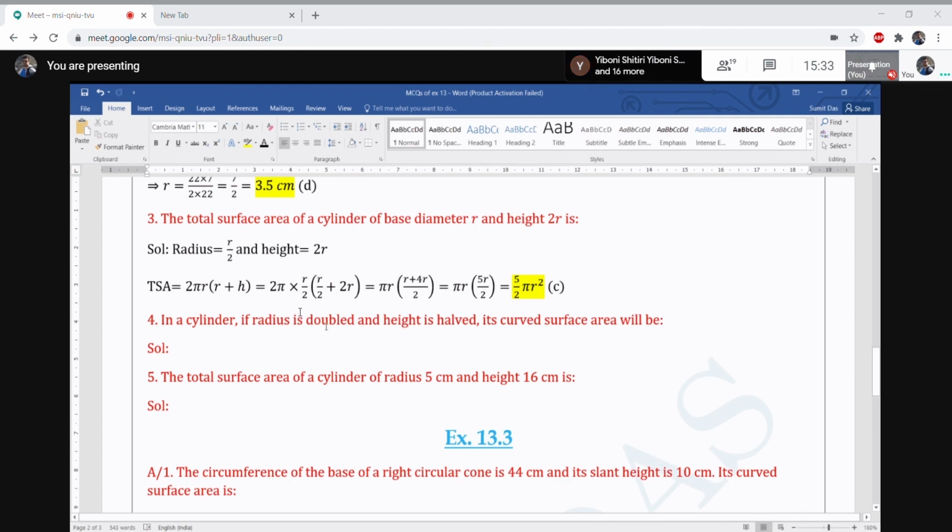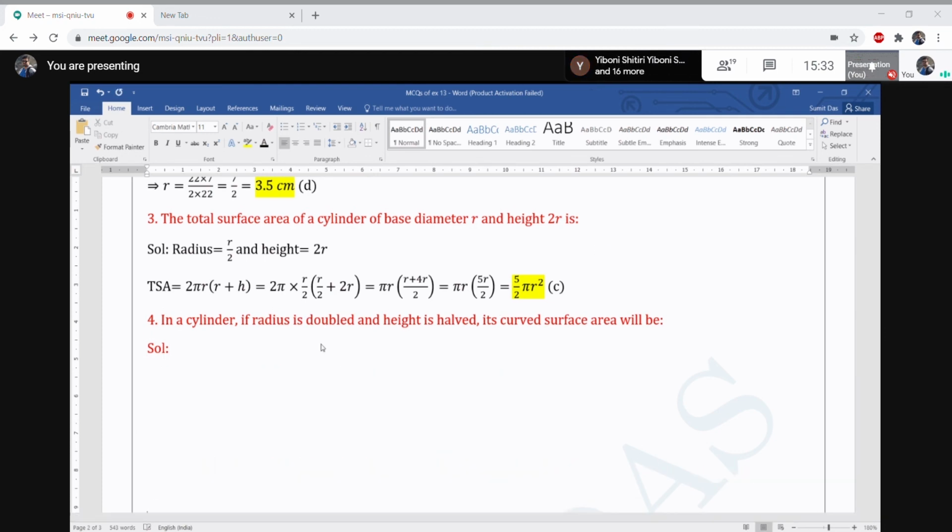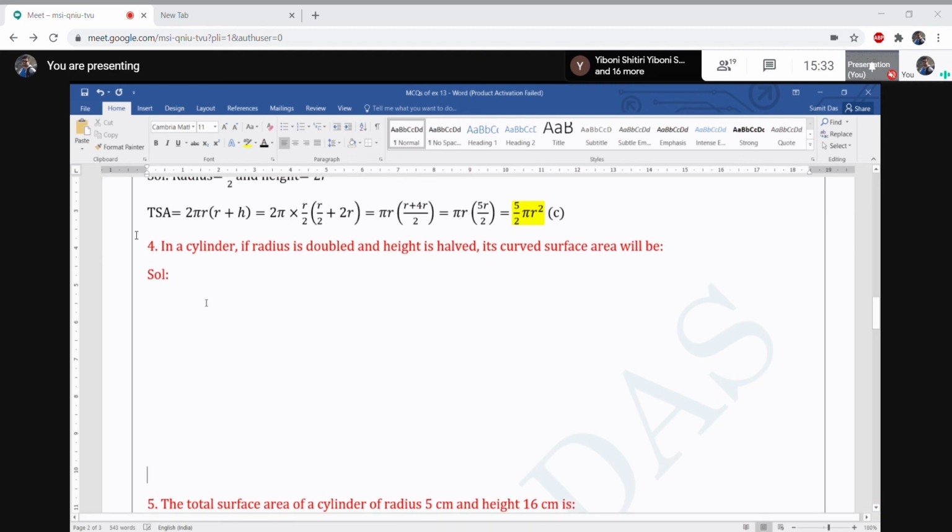Then next question, I'm trying to finish this one by today. In a cylinder, if radius is double and height is half, its curved surface area will be. You have to find the curved surface area. What will be the curved surface area?